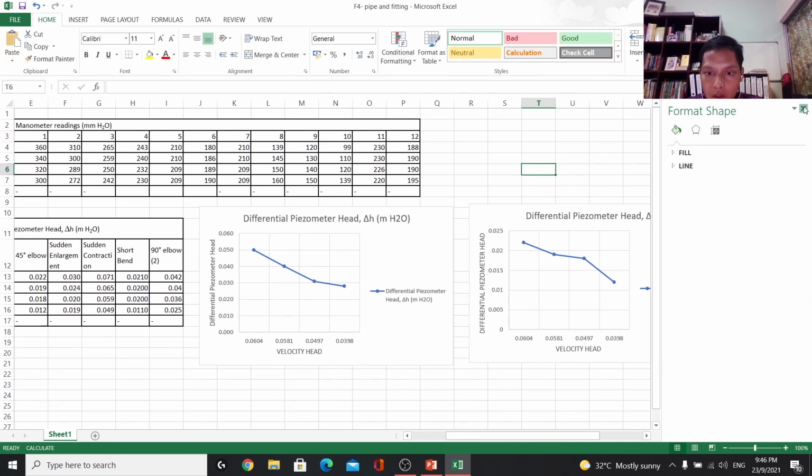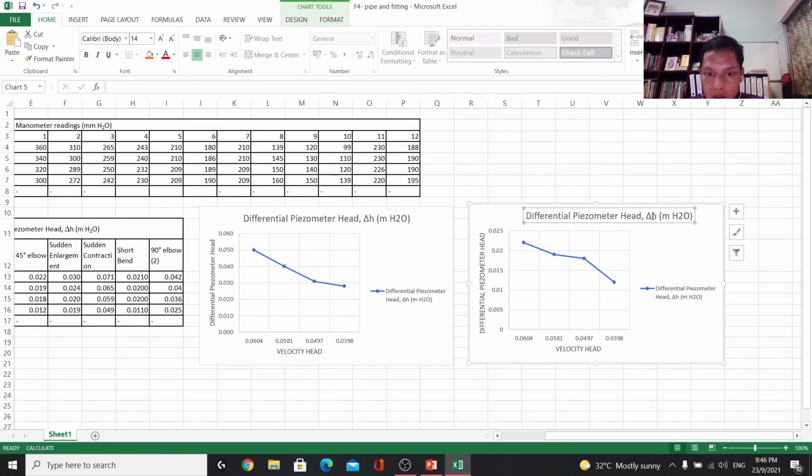So then we change the graph here, put here in brackets 45-degree elbow.